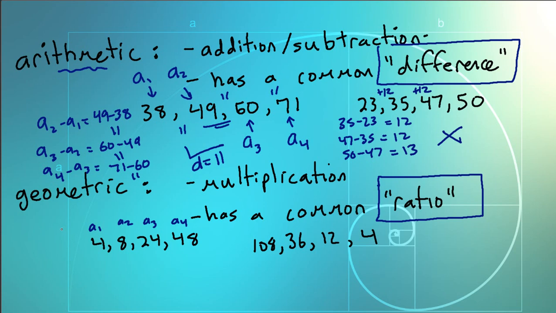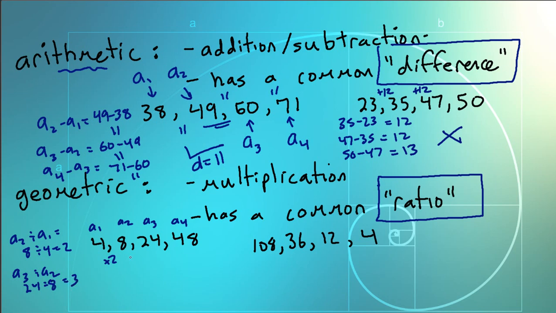So I take the term furthest along, A2, and divide by A1, and that would be 8 divided by 4, which is 2. Okay, so times 2. 4 times 2 is 8. And then the next one would be A3 divided by A2. I get 24 divided by 8 is 3.